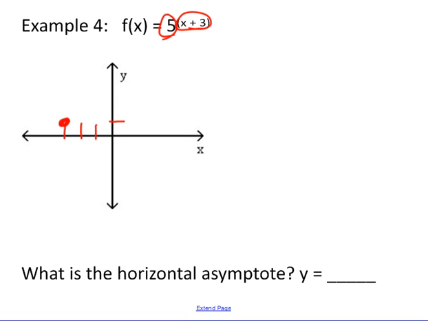Okay, so we don't need that one anymore. The horizontal asymptote, we're not moving up or down, so traditionally it's at 0, it's going to stay at y equals 0. And get close to the asymptote, but don't cross it, and go up and to the right.